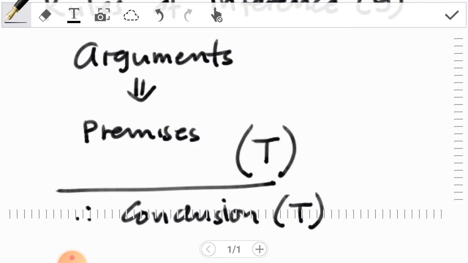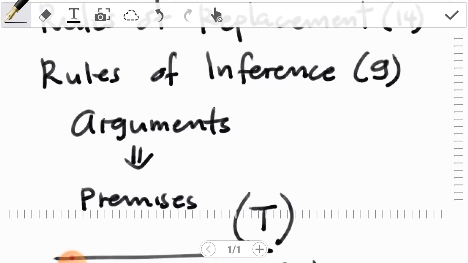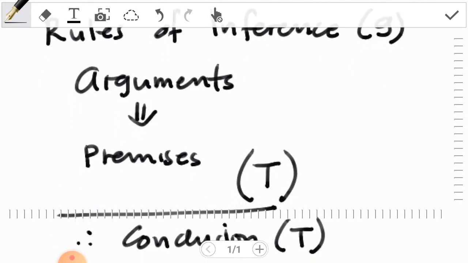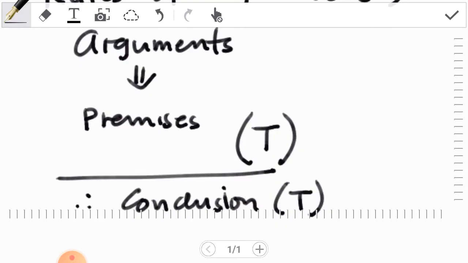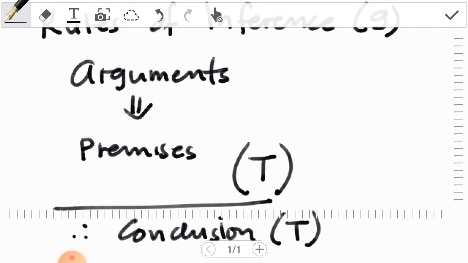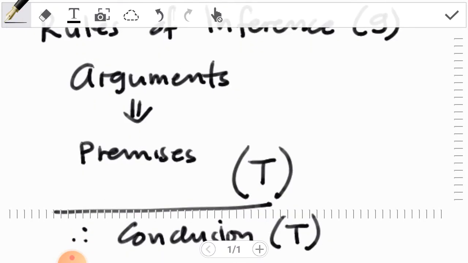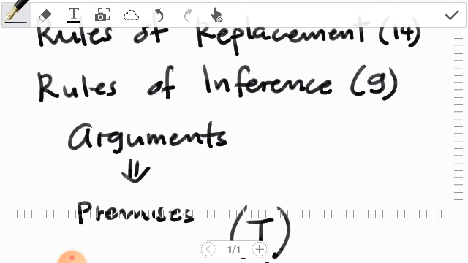Now, in terms of the use of your rules of replacement and rules of inference in proving your arguments, if you are still confused, normally you use the rules of replacement if you are only considering one line in your argument, or you are just considering one premise in your argument.